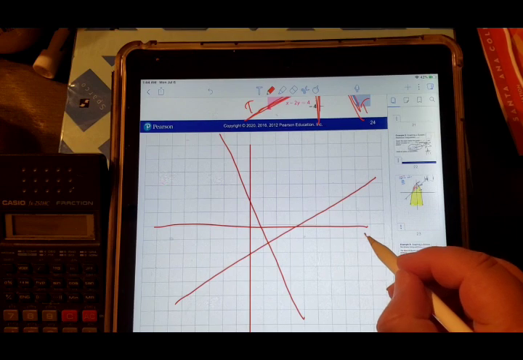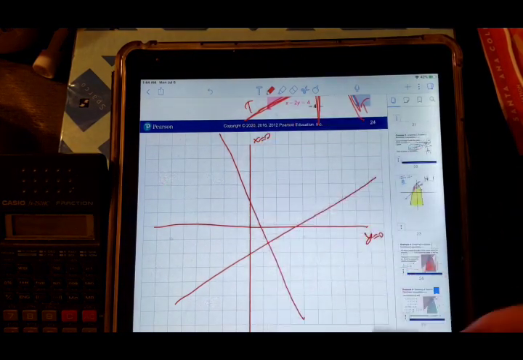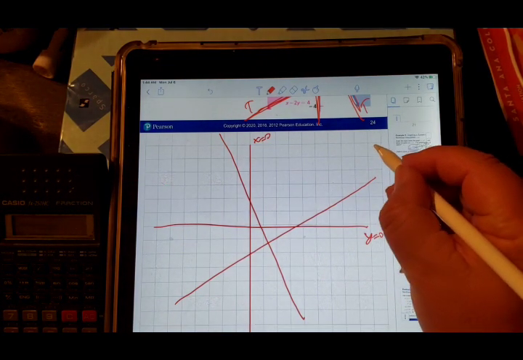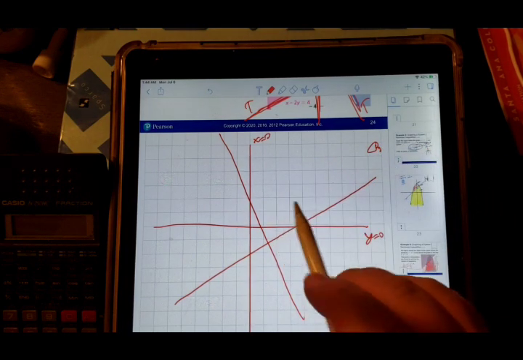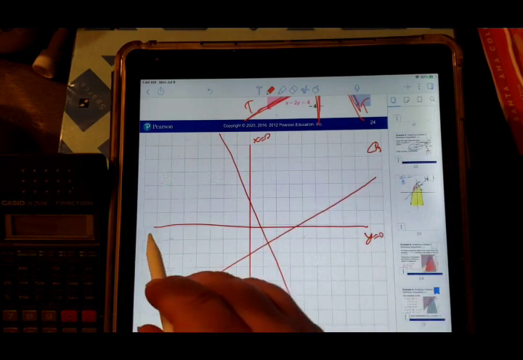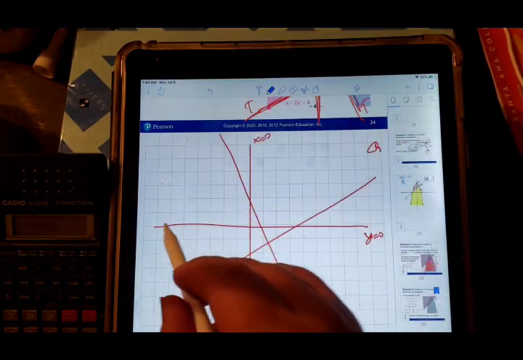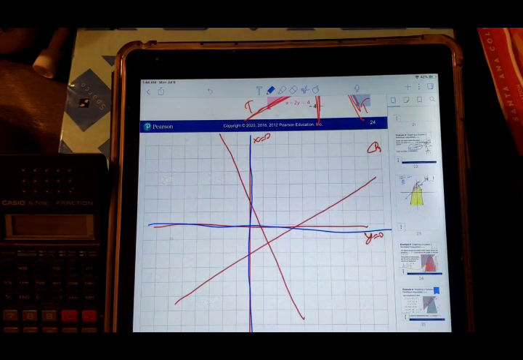This is even y equals 0, and this is even x equals 0, but it was already there as the asymptote, right? So if I try to shade right now, it won't work. You actually have to draw this line in with the graphing utility, and you have to draw this line in. Even though the asymptotes are there, they're not boundaries until you draw them in.